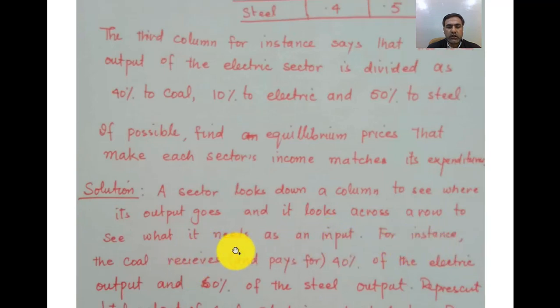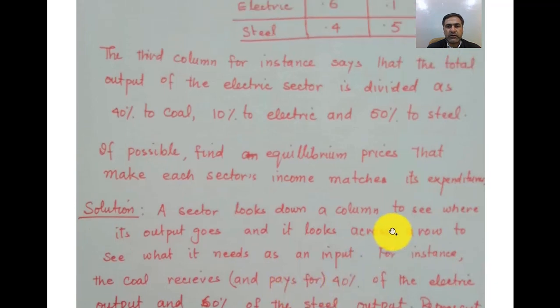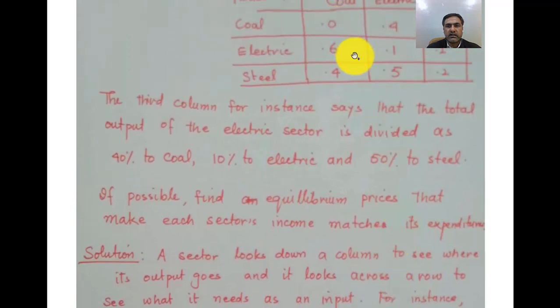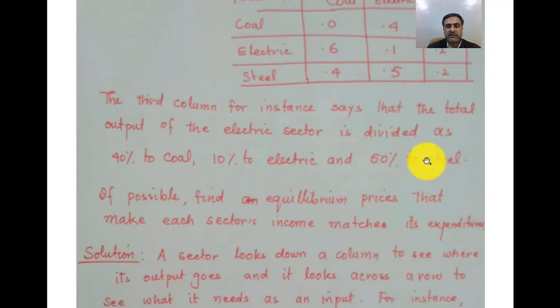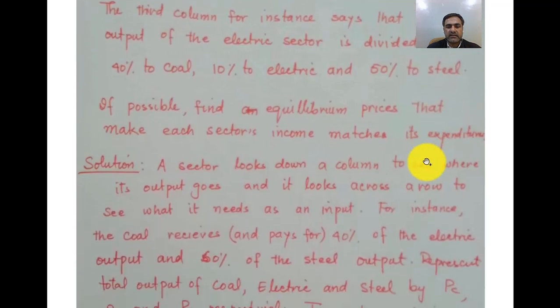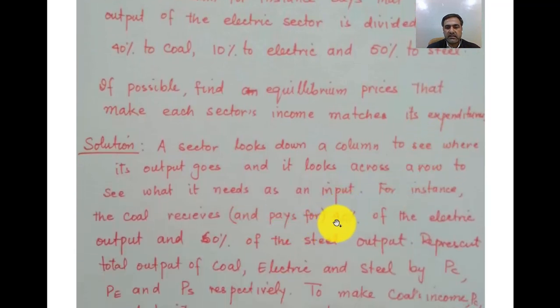For instance, the coal receives, and hence must pay for, 40% of the electric output and 60% of the steel output.